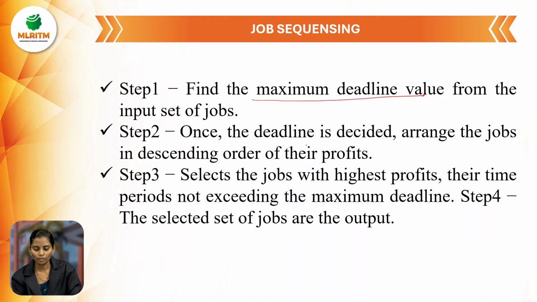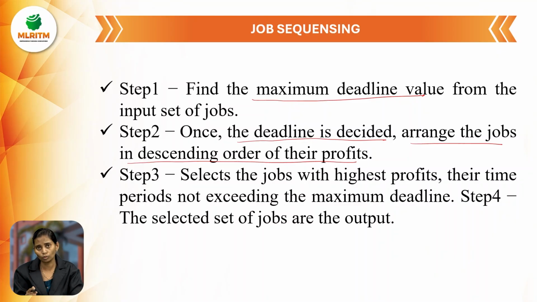So next step, first you have to decide and arrange the jobs in descending order of their profit, because if I take easy subjects first, it will be a waste of my time, because again I have to revise. So what I will do is take the hard subjects first.